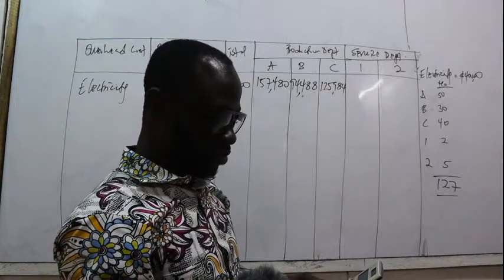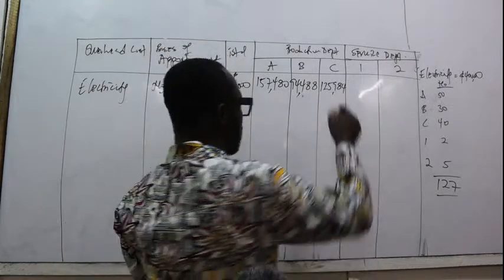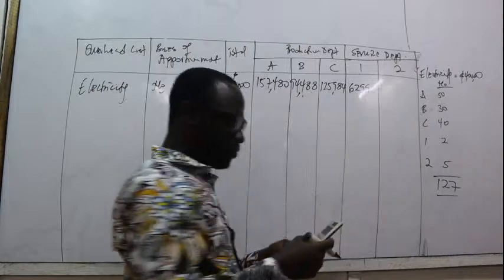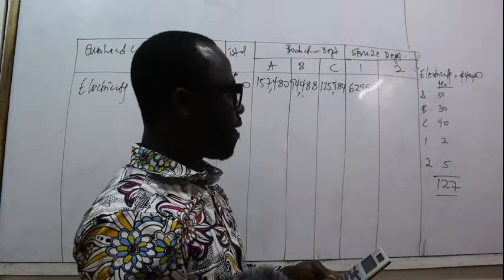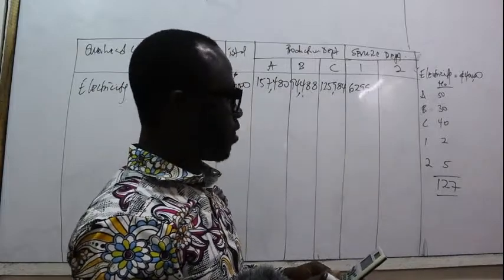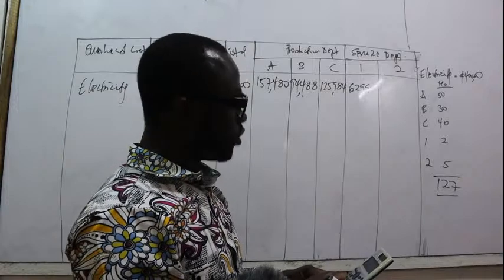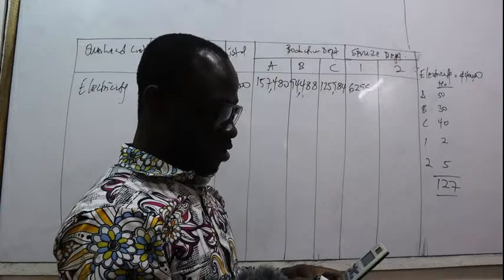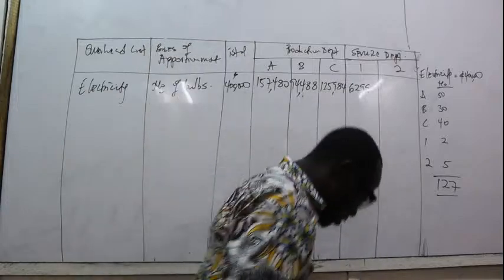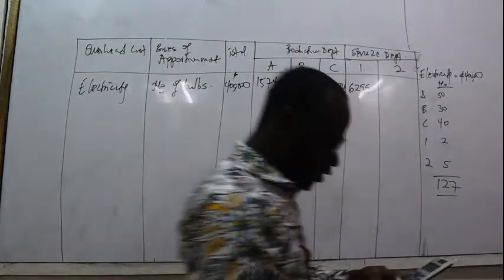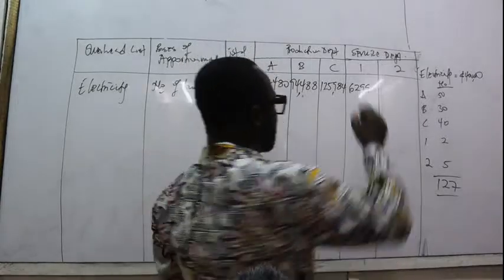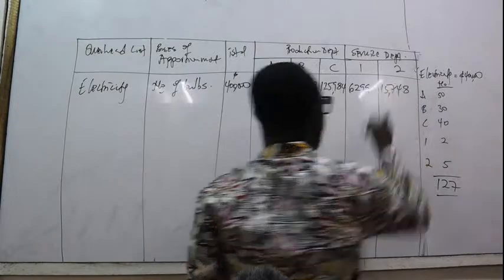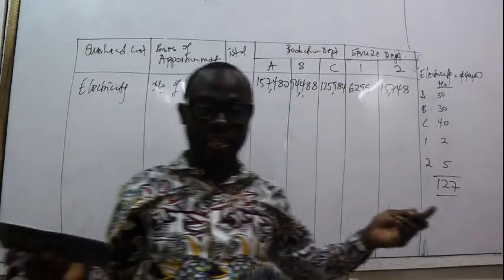Only 2 bulbs, they don't do much there. 6,299. And then 5 over 127 times 400,000. That's 15,748. All right, so you get the idea, right?